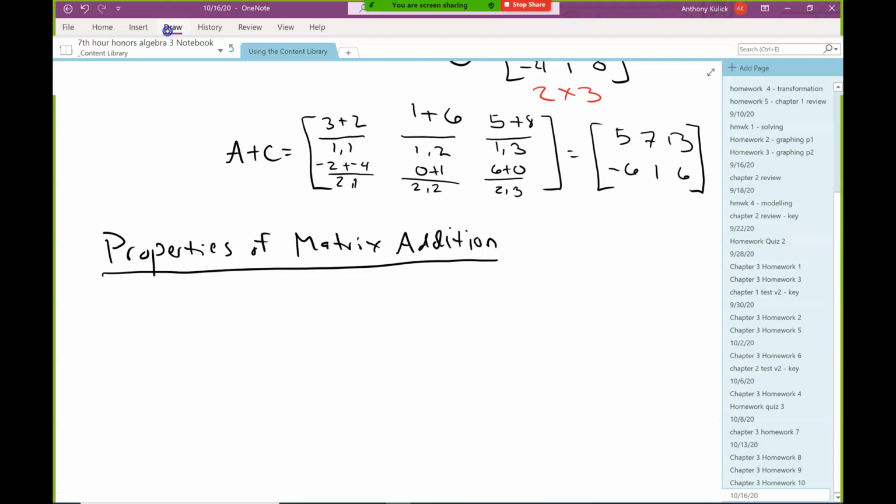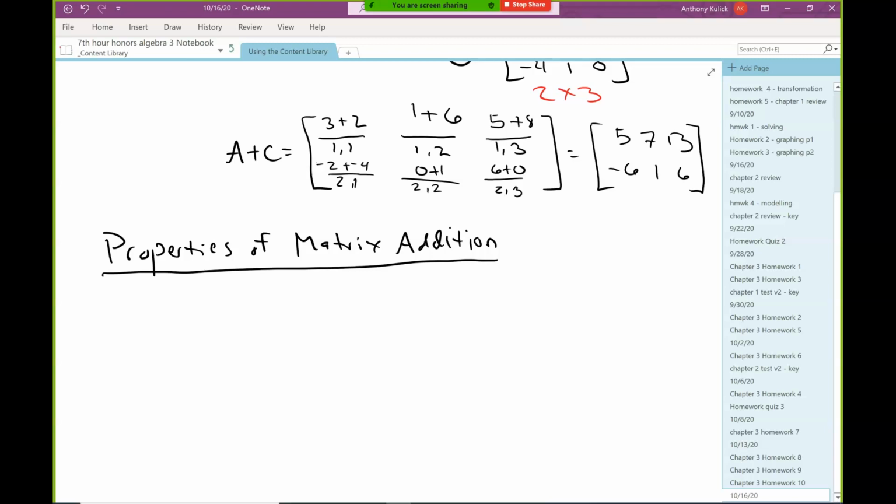What we're going to do is think back about some properties we had for real numbers with addition, and see if these properties hold or there's a corresponding property that holds for matrix addition.